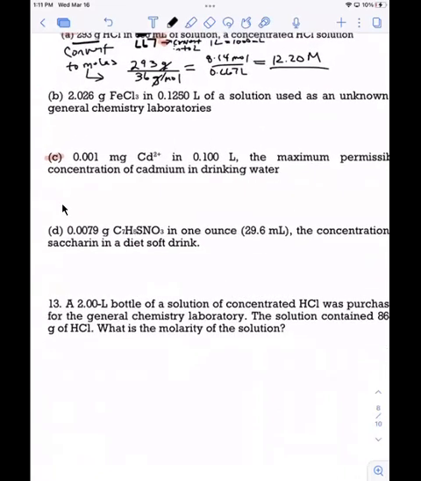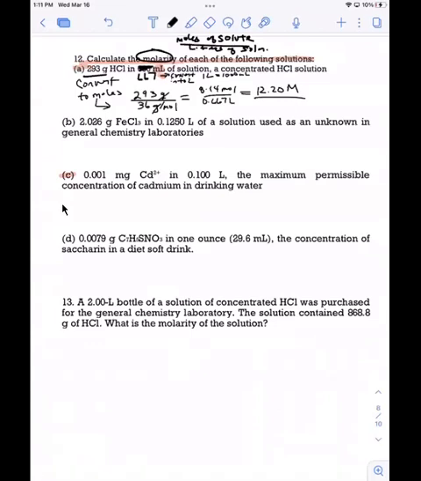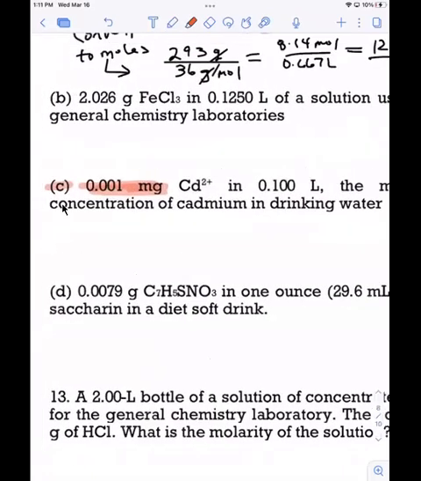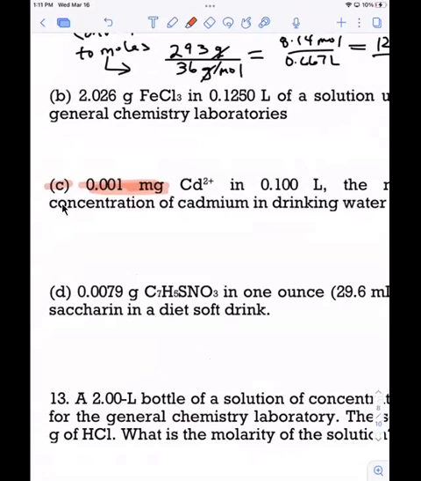What do we need to do with C? We got a couple of things that we need to do, but what's our strategy here for C? All right, you have to convert it into moles again. You can't find concentration without moles and liters.